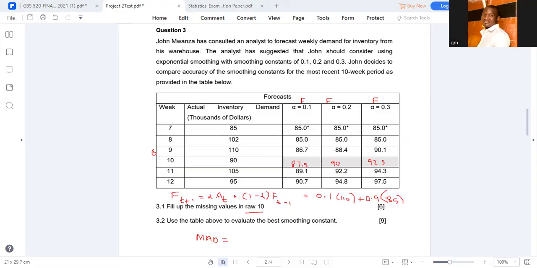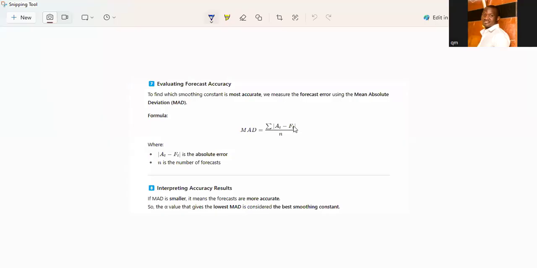Okay. Very important to go back to our grade 9. Summation of AT minus FT over N. So to understand which of these forecasts is more accurate, we calculate the errors associated with this.